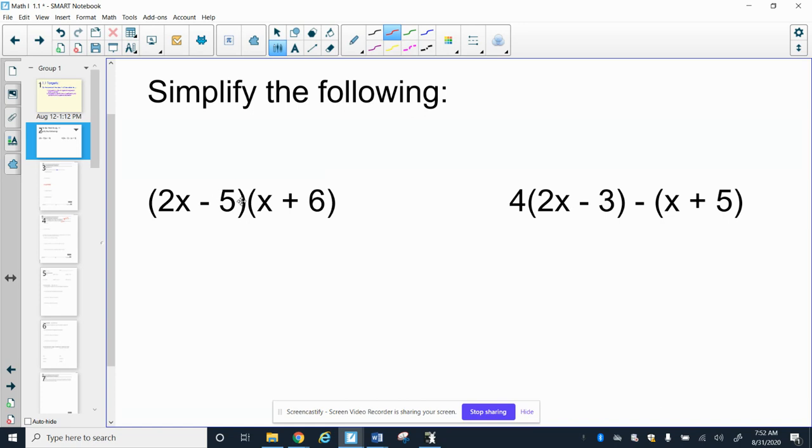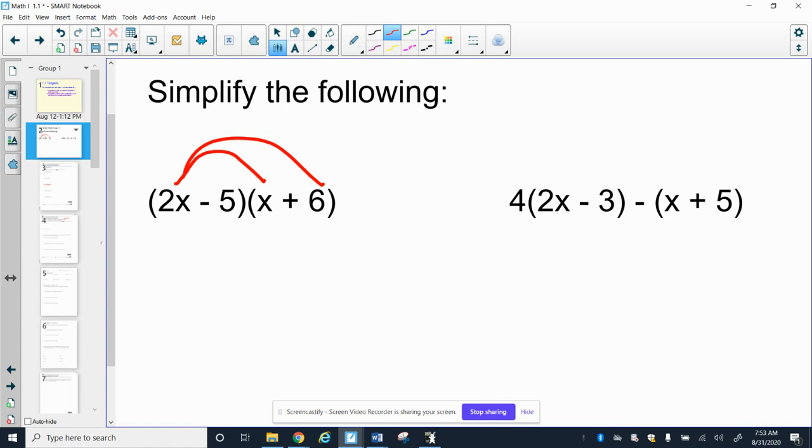This first one is review of double distributing. Remember, when we are multiplying 2 sets of parentheses together, we know it's multiplication because there's no operation in between here. So remember how we do this. We're going to multiply the 2x to both terms in the second set of parentheses.